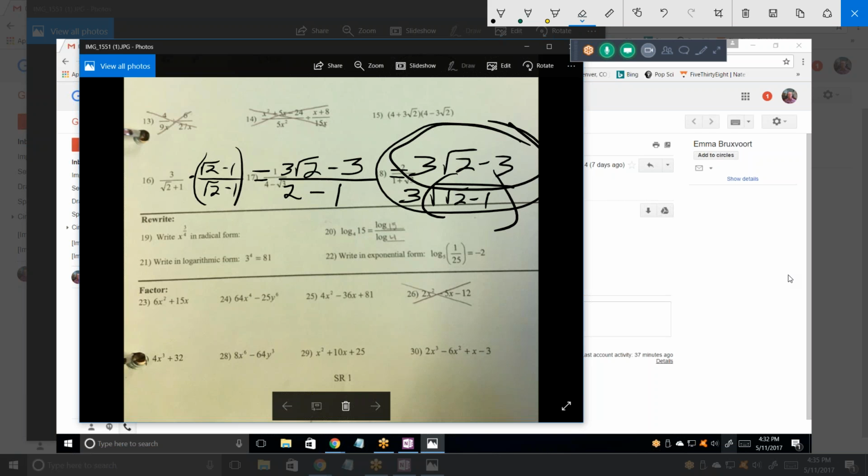Okay, I found them. What's the answer to 16? It's 3 root 2 over 2. I think so.